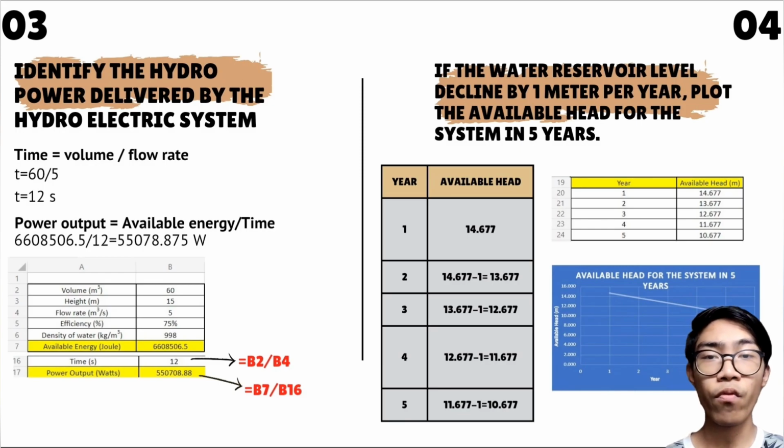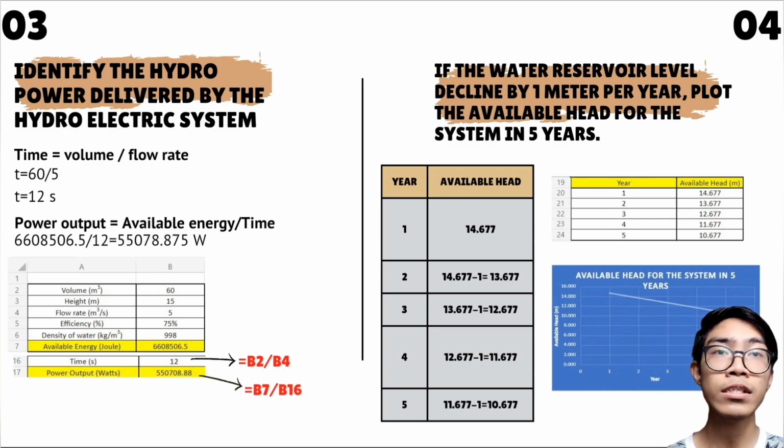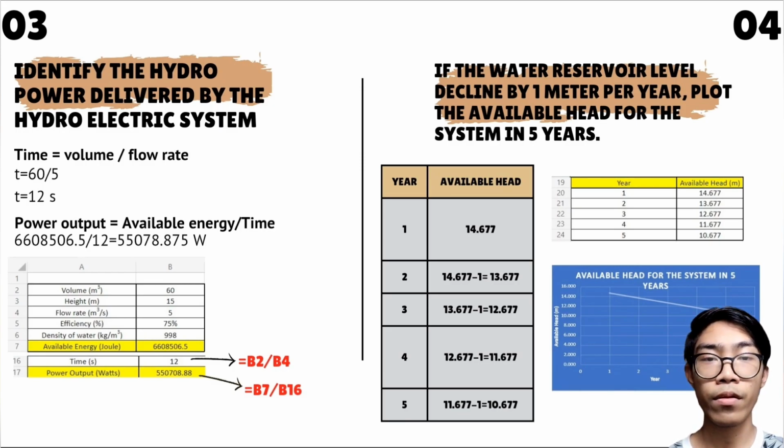For question 4, in order to plot the graph, first we need a table consisting of 2 columns, which are years and available heat. For the first year, the available heat is the same as the available heat that we calculated before. For the second until the fifth year, we deduct 1 meter per year.